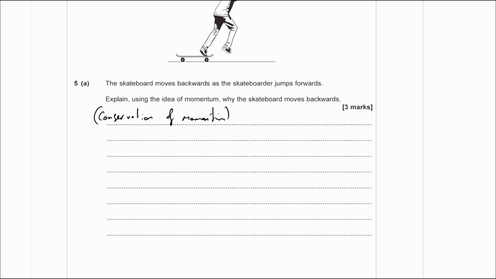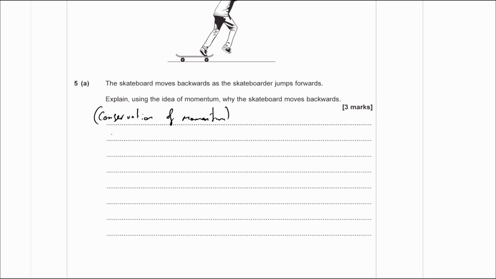So that means that the total momentum after the jump also has to be 0, okay? Momentum has direction, and if the skateboarder is jumping forwards, then the skateboard itself must move backwards to give an equal and opposite momentum, giving a total momentum of 0.